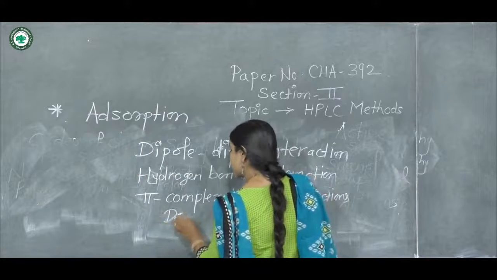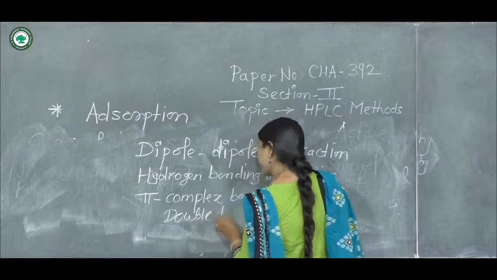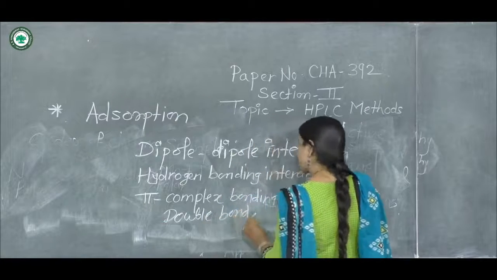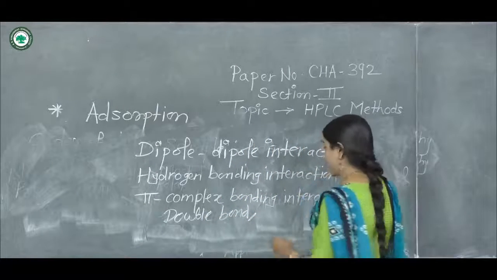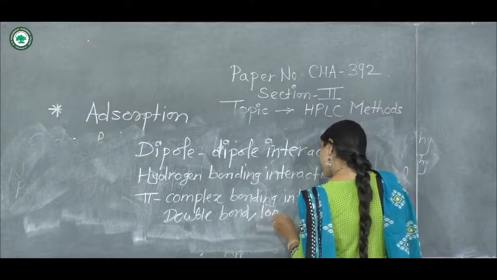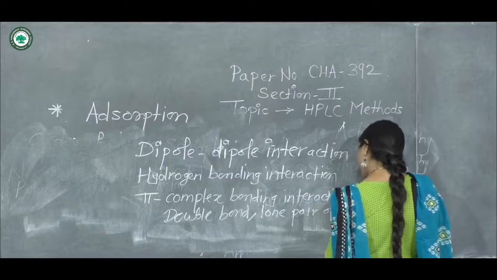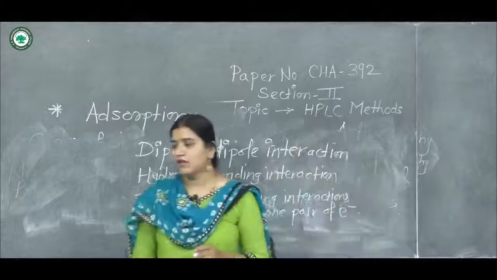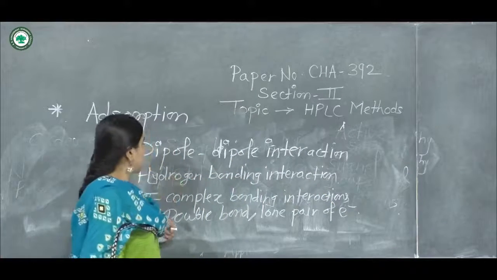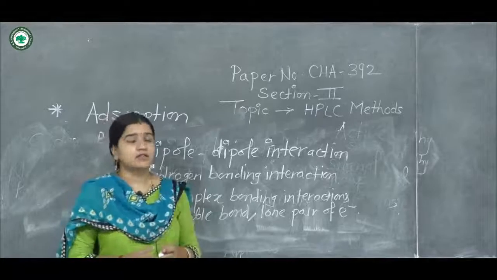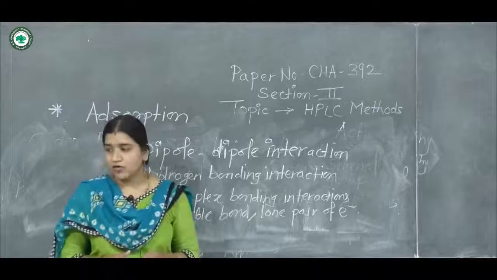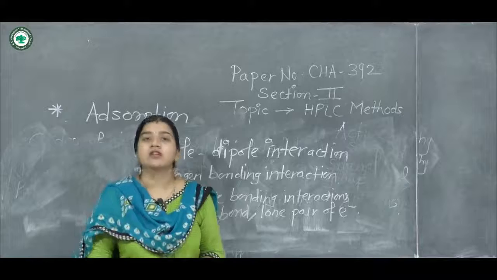Whenever there is a presence of a double bond or lone pair of electrons, then we can say that there is a pi complex bonding interaction.